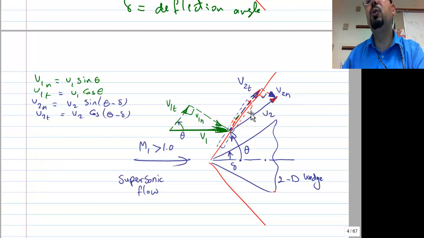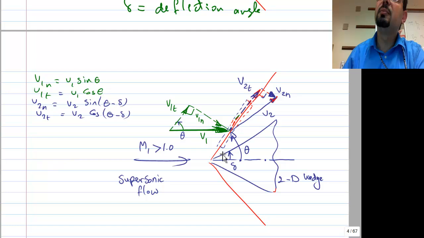Now you go to the V2. You need this angle. What is that angle? Yeah, you would think, no, it's not. See, this is delta, but this is not delta. Actually, this angle is exactly this angle, right?